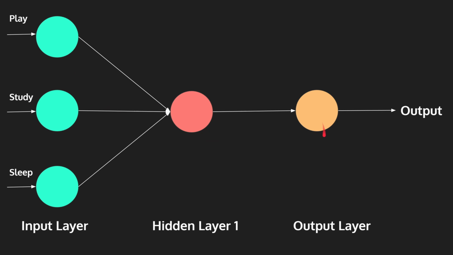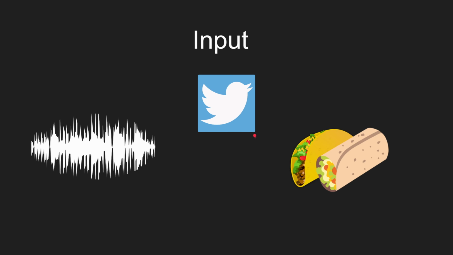And finally, we take that value and feed it to the output layer, and we get our output, right? This is a hidden layer with one neuron, and an output neuron. Now, your input can be many different things, right? It can be voice, it can be text, it could be an image of a taco, food, whatever. It can be a lot of different things.